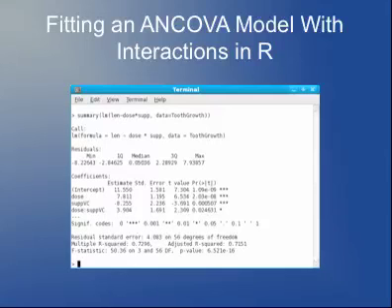So what this seems to be telling us is consistent with what we saw in the plot, that there's some evidence of a slightly different slope for the ascorbic acid group than for the orange juice group. It isn't huge, but it is statistically significant. If you really wanted to be a perfectionist about this, it may not be that the orange juice group has a different slope, but that it isn't precisely linear at all.